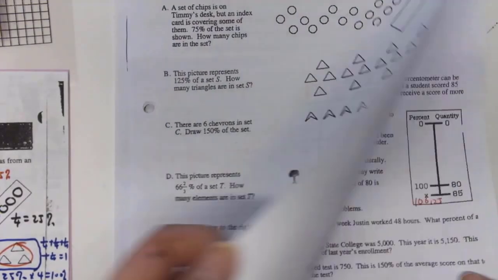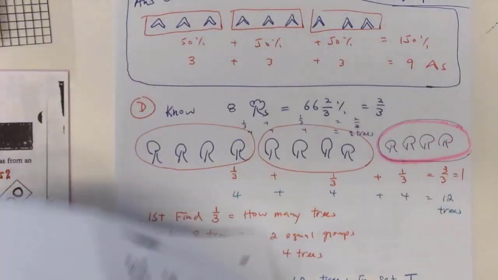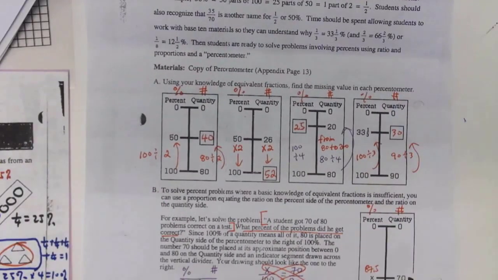We are moving on to the percentometer, and we talked about the percentometer last time. They look like a thermometer. One side represents the percentage, one side represents the number. We will use the percentometer to solve different problems. You will have homework questions like that. It's already assigned to you. And you will have exam questions like that.